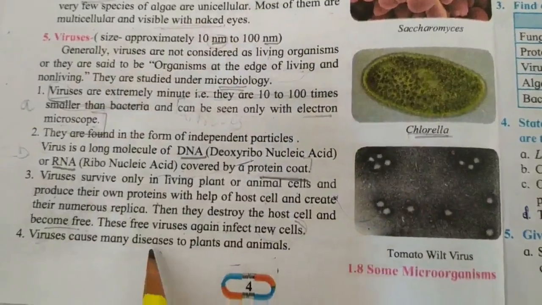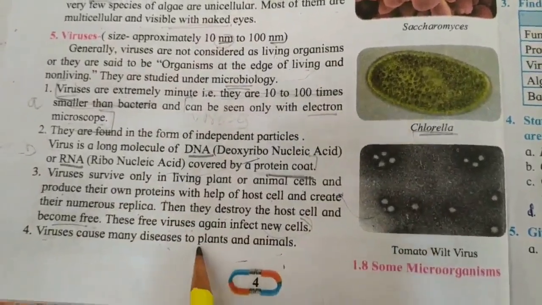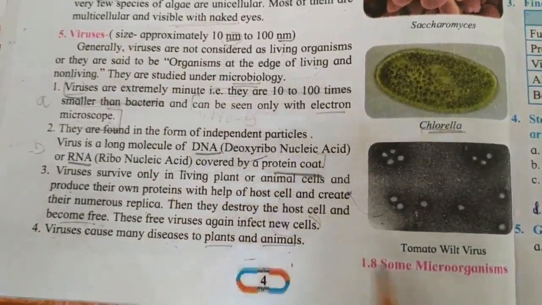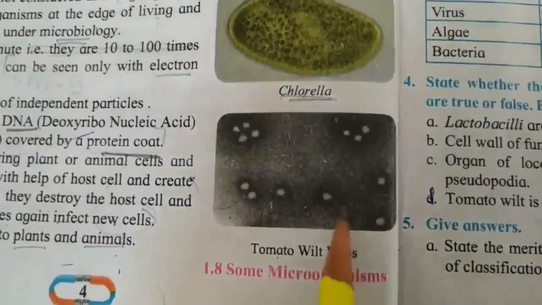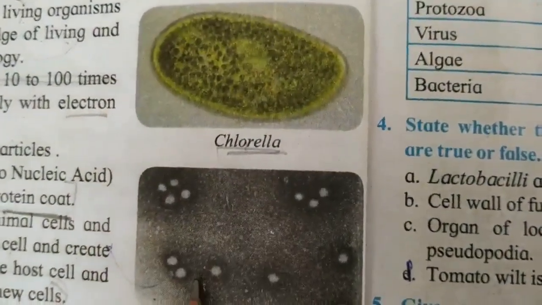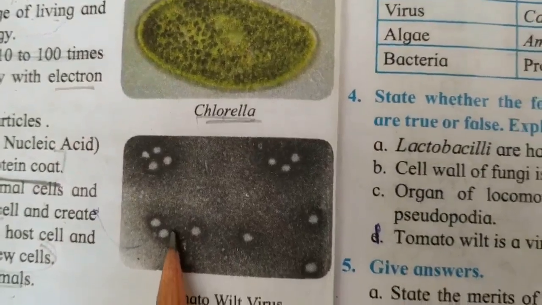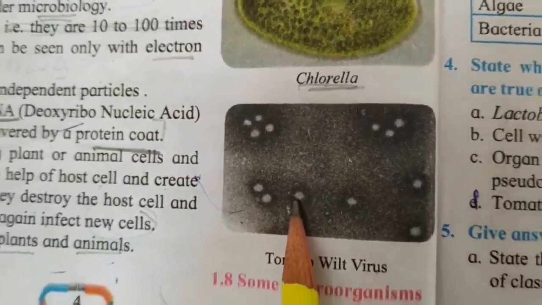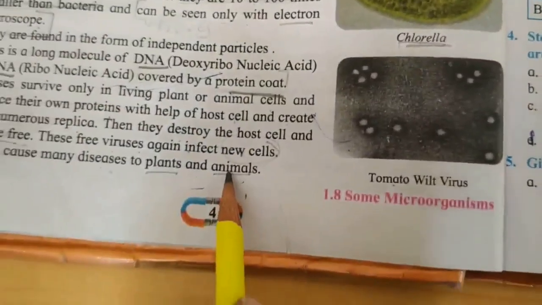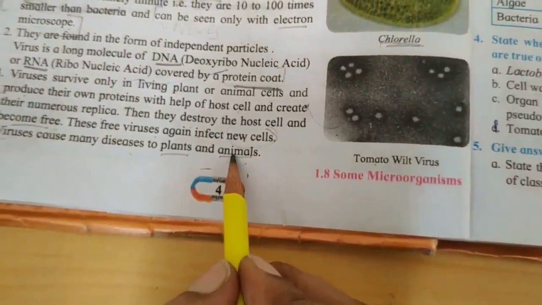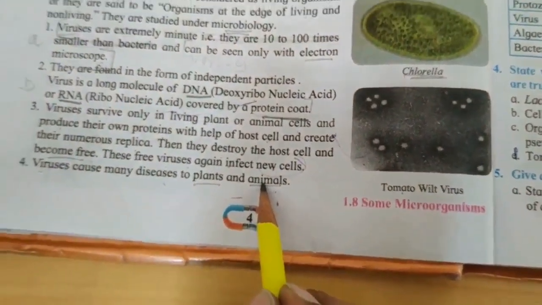Viruses cause many diseases in plants and animals, like the tomato wilt virus causes the wilting of tomato, whereby the tomato gets blackened in color and decays. And we have viral flu or viral fever or coronavirus.